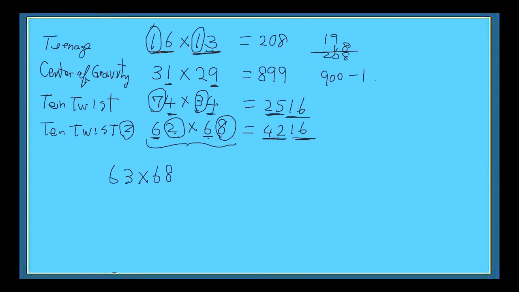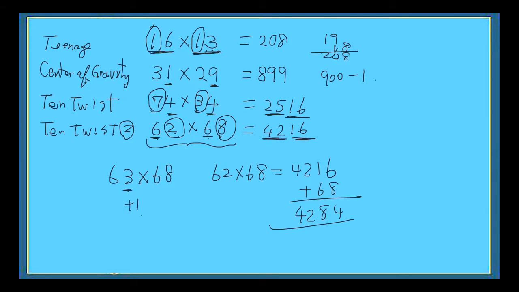So simply, 62 times 68 is 4,216. Easy, right? And you add 68. So 4,284. How's that? Just this is plus 1, so we add this one here.